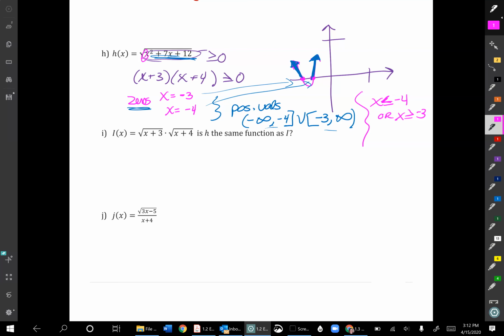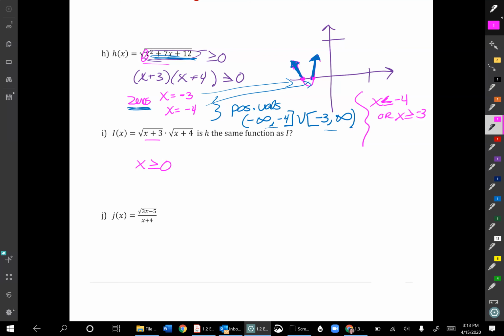And then let's compare that to I, because if we took these two and multiplied them together, this is where the other one kind of failed. If I multiplied these together, it would look similar to that under there. But in the original, my domain for this piece is x would be greater than or equal to 0.